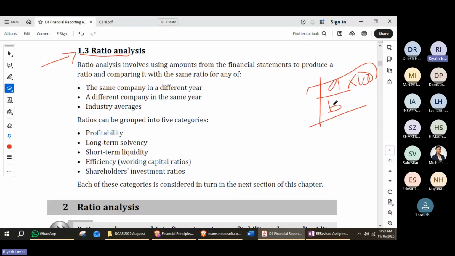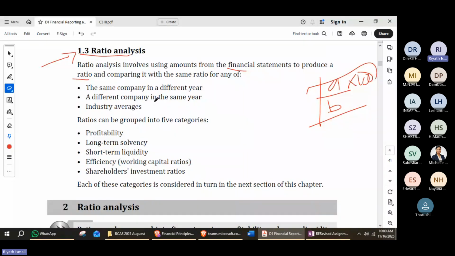Ratio analysis involves using amounts from the financial statement, right? You can pick some values in the financial statement to produce a ratio and compare it with the same ratio of another.